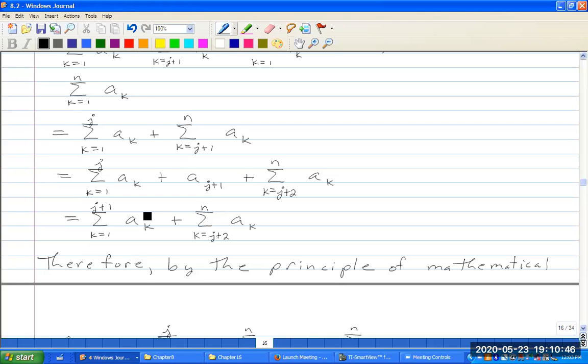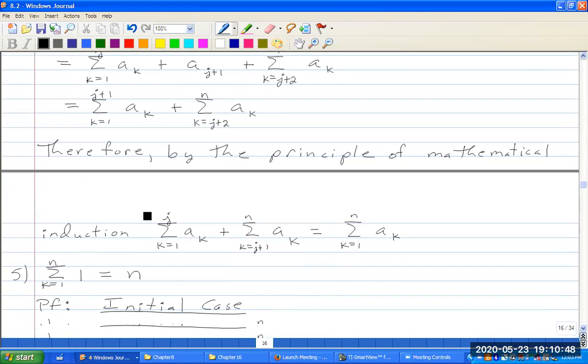And so therefore, by the principle of mathematical induction, the sum k equaling 1 to j of a sub k plus the sum k equaling j plus 1 to n of a sub k is equal to the sum k equaling 1 to n of a sub k.